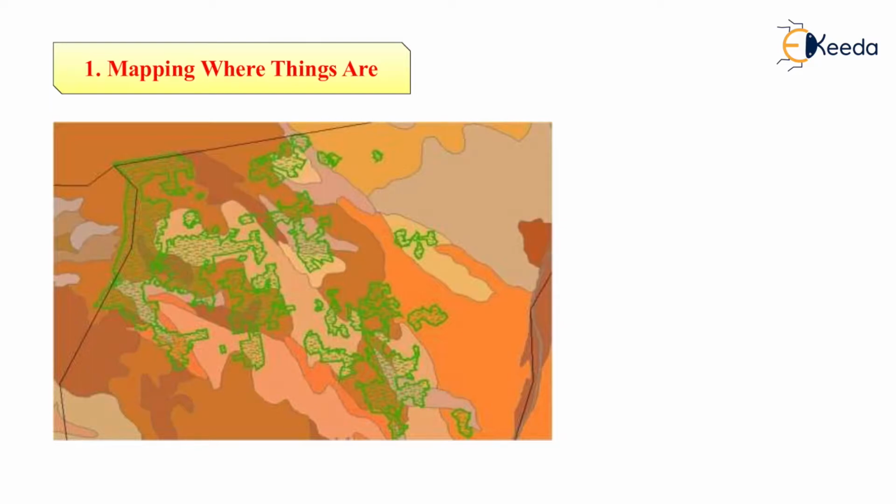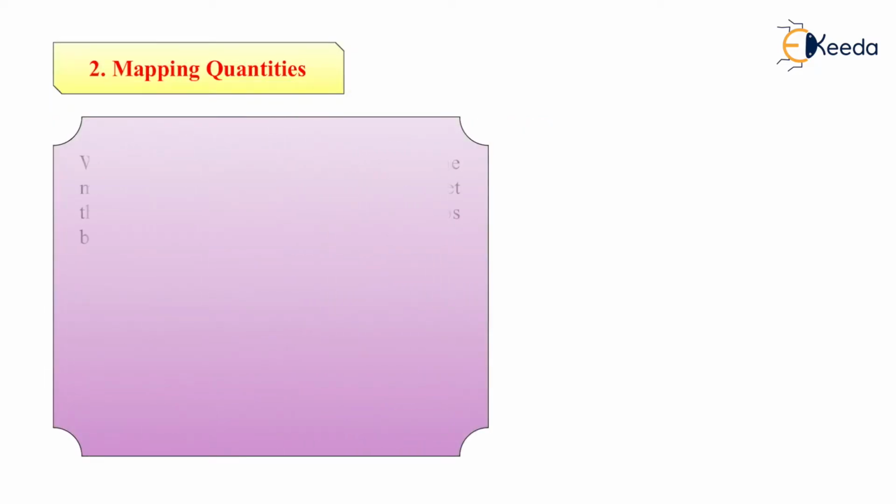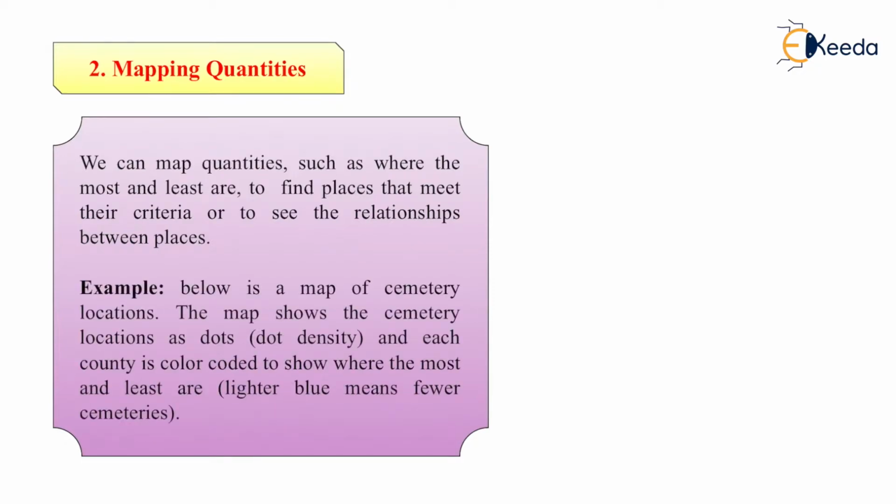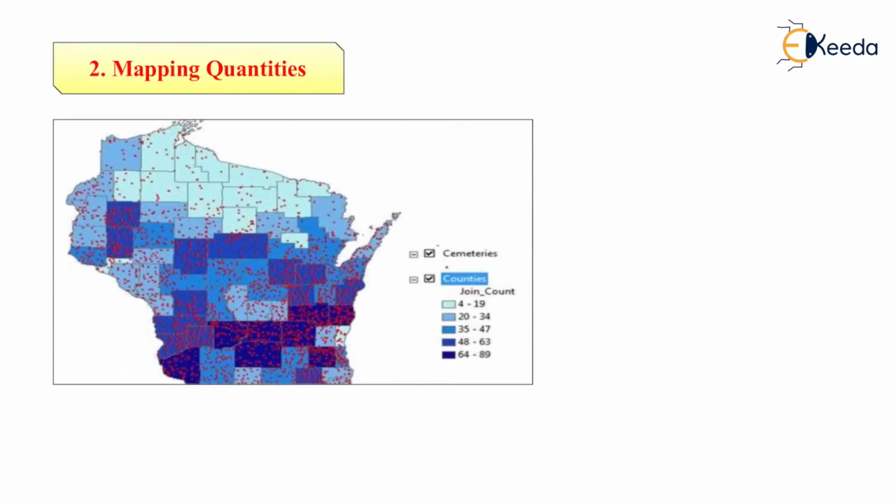Then we can use it for mapping quantities, such as mapping where the most and the least are, to find places that meet their criteria, or to see the relationship between places. For example, as you can see in this map, the dots represent cemeteries, and according to the cemeteries and their concentration, locations are given different colors.